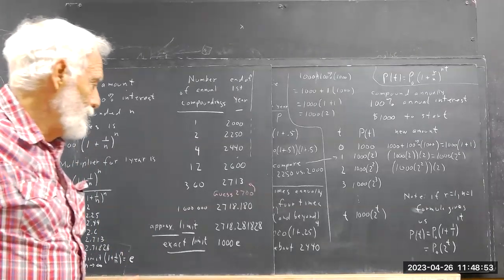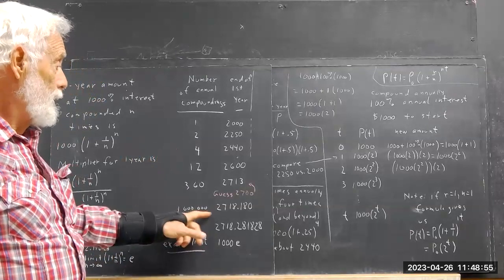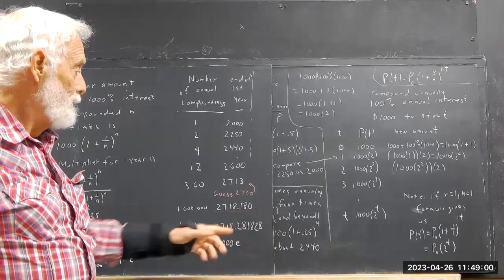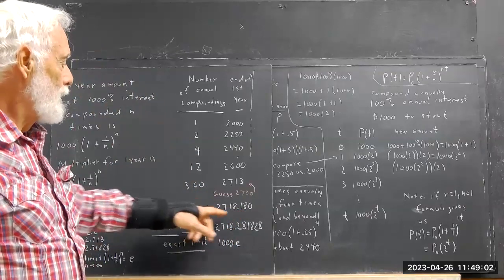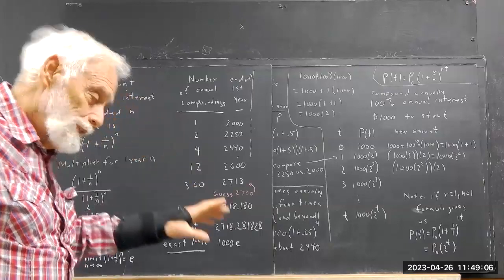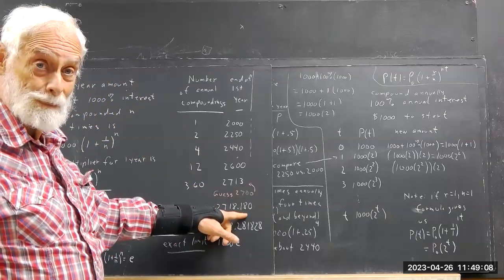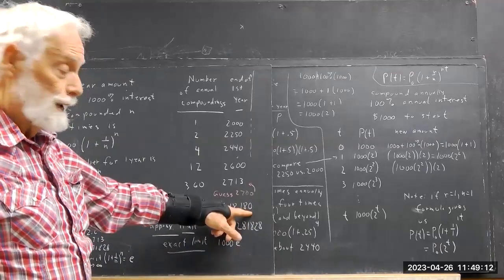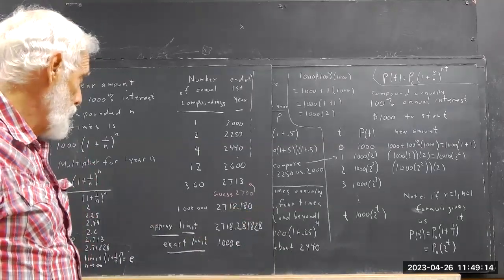Okay. And I guessed that you get something that was accurate. Well, okay. I guessed you would get about 2,718.18. And I added that 0 because that is the next decimal place that you got.